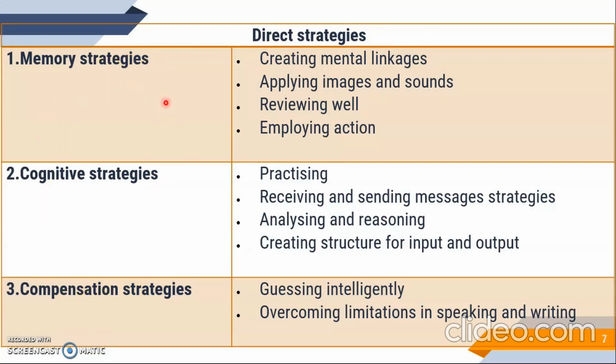Memory strategies are used for storage of information, while cognitive strategies are the mental strategies that the learner uses to make sense of their learning, and compensation strategies help learners to overcome knowledge gaps to continue the communication. As you can see in this slide, there are activities that the learners or the students can use.